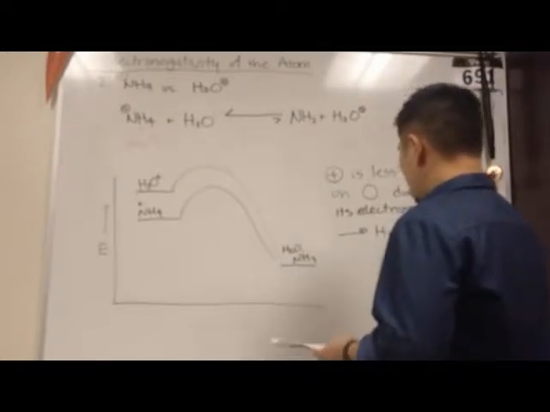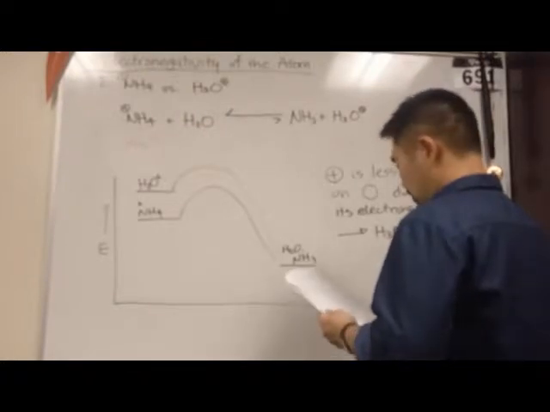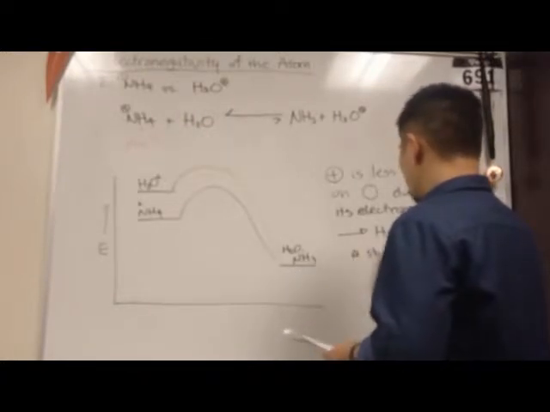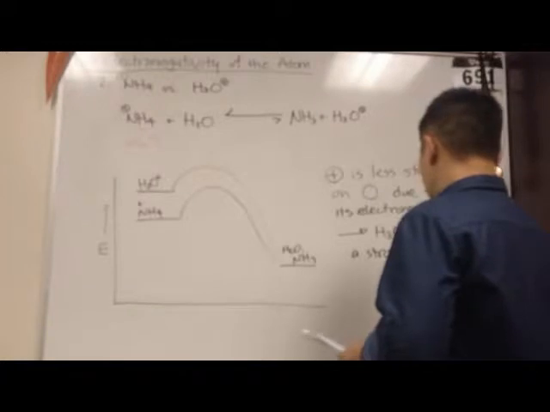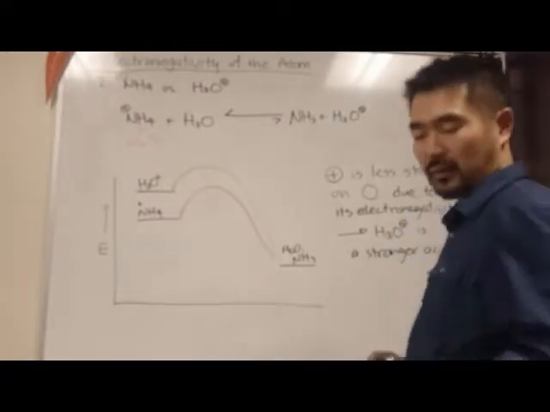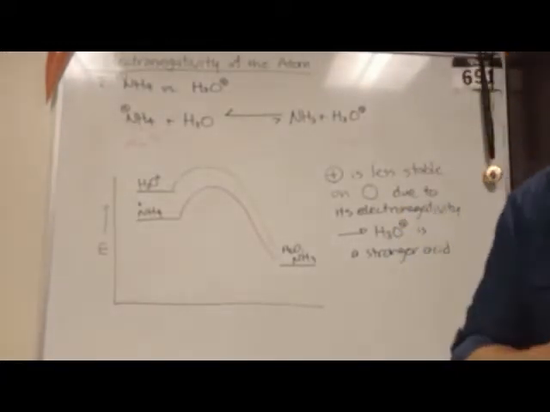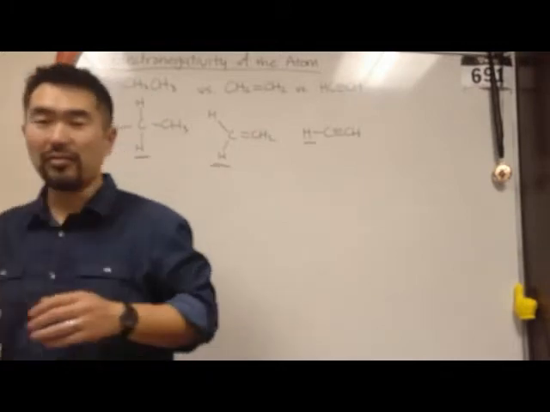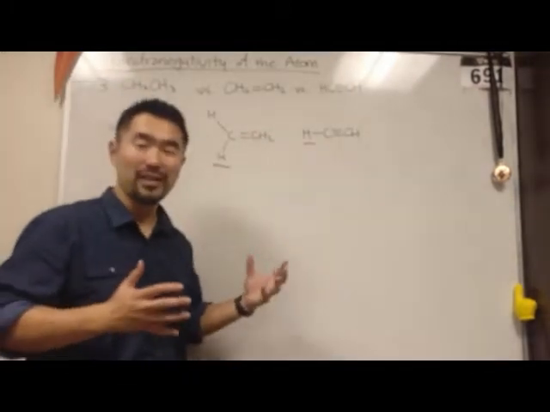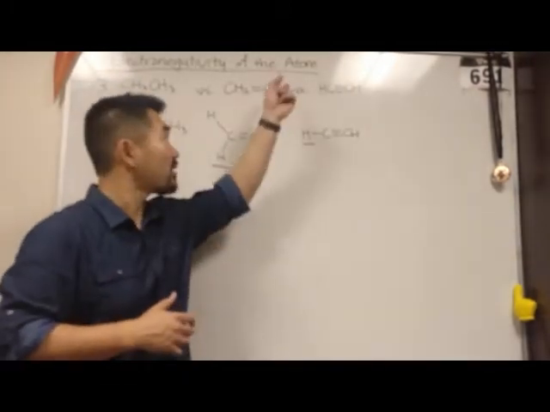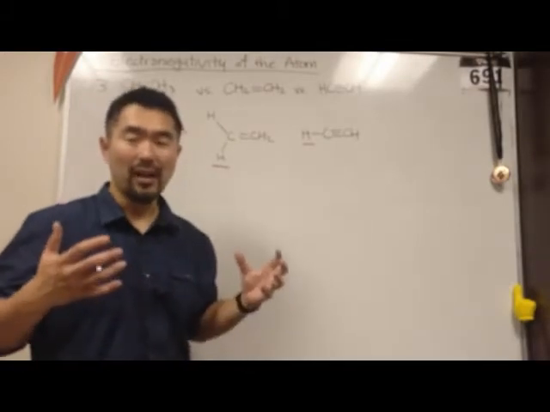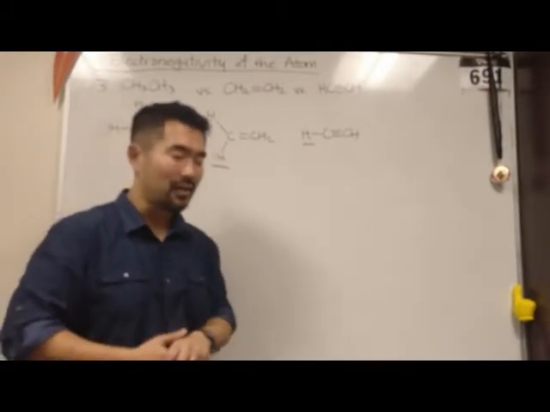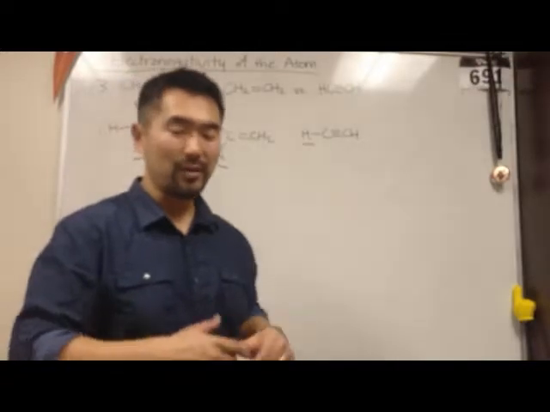So hydronium ion here is a stronger acid. Okay. So to finish our discussion on the A part of the CARI rule, the electronegativity of atom, using that to predict which acid is stronger and whatnot.